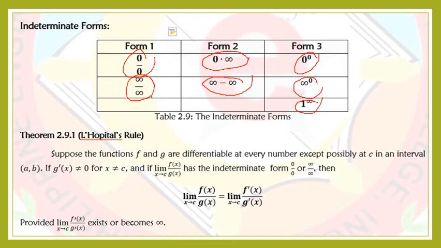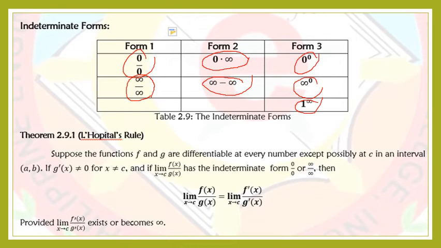In theorem 2.9.1, that is what we call the L'Hopital's rule. Suppose the functions f and g are differentiable at every number except possibly at c in an open interval ab, g prime of x not equal to 0 for x not equal to c, and if the limit, okay, take note, may limit tayo dito.